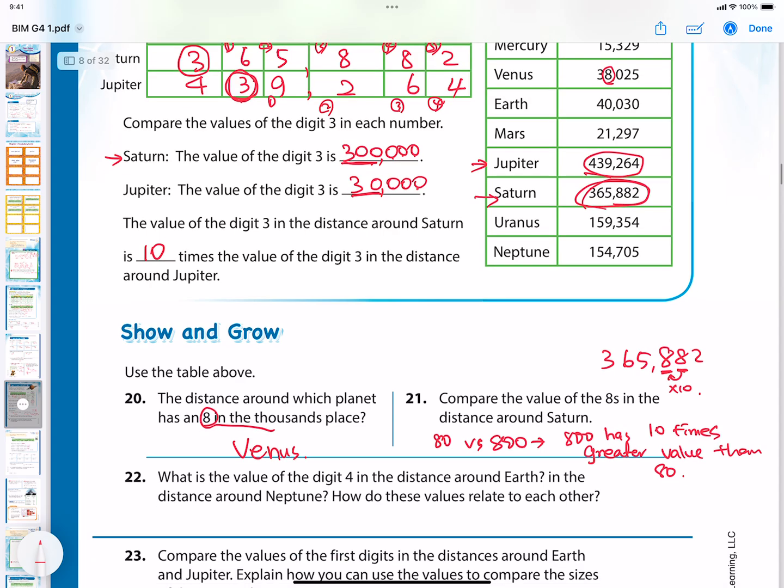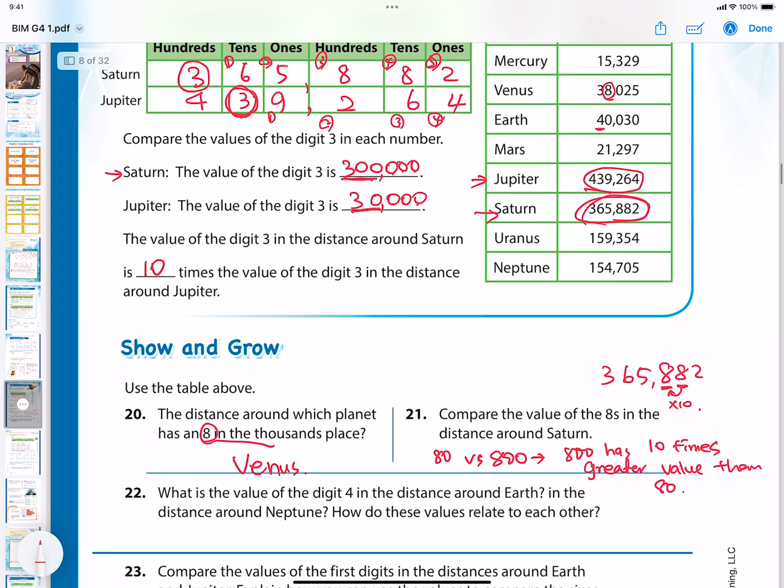What is the value of the digit 4 in the distance around Earth? 4 in 40,030, right? And in the distance around Neptune, Neptune is here, and that's it. And how do these values relate to each other?